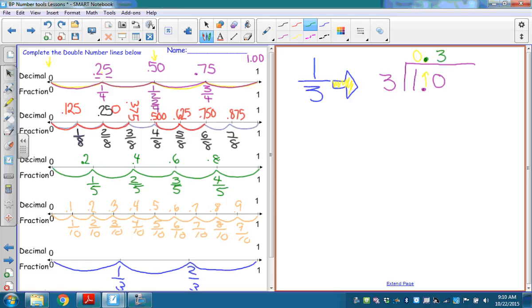And 3 times 3 is 9, and we subtract and we get a 1. And then you did this again, right? 3 goes into 10 3 times.